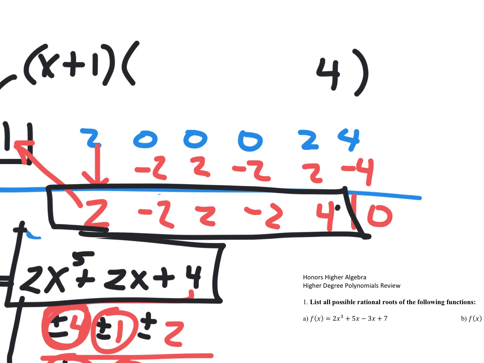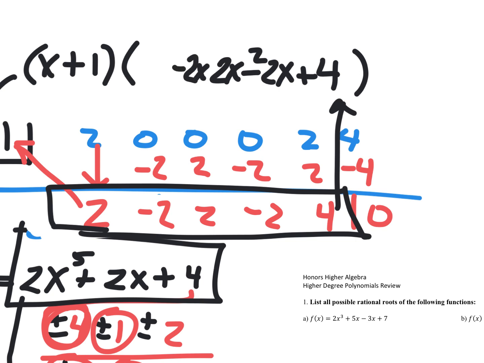It's a constant. And then the negative 2 is a negative 2x. And then the positive 2 is a 2x squared. And then the negative 2 is a negative 2x to the third.